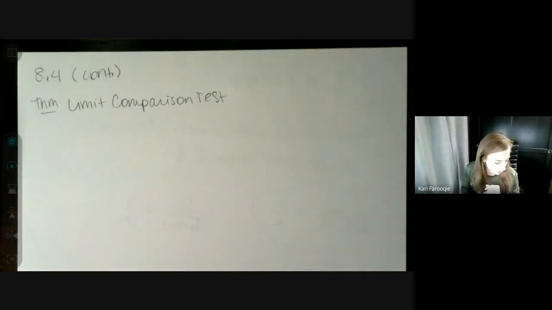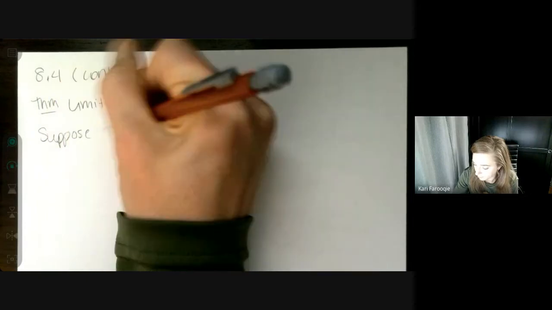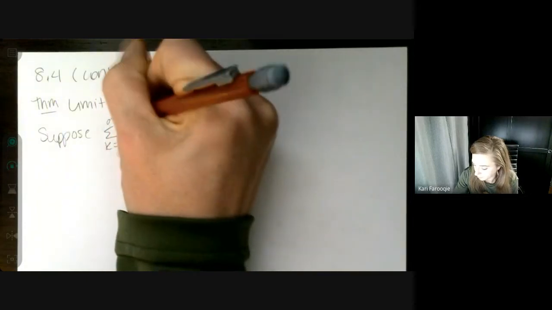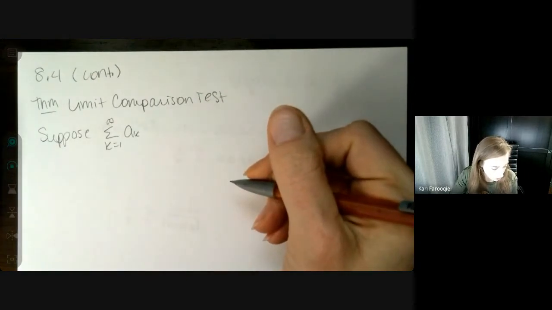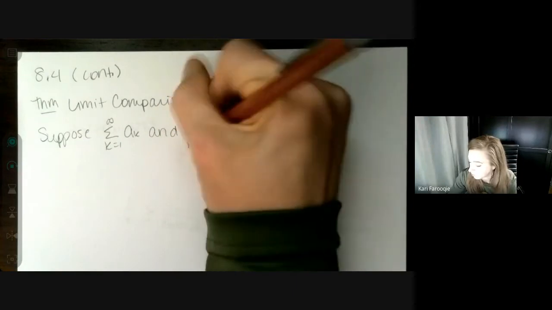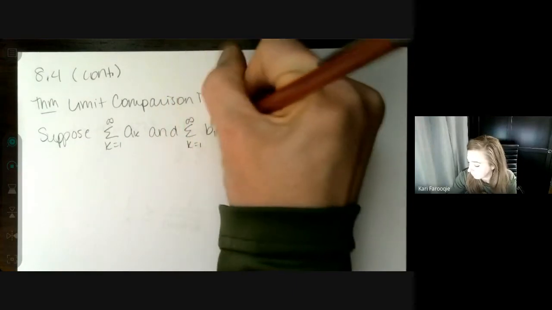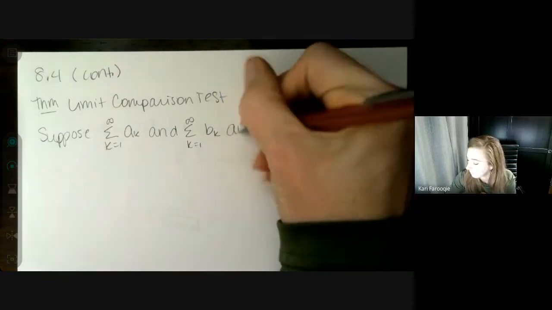Okay, suppose that the series from 1 to infinity of a sub k and the series from 1 to infinity of b sub k, let's remember we have to have comparisons here, are both series of positive terms.